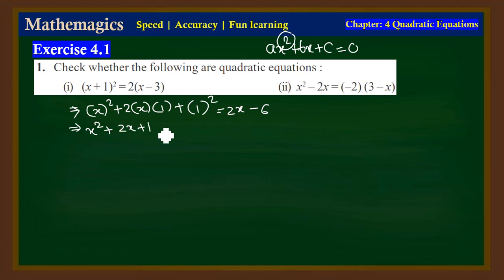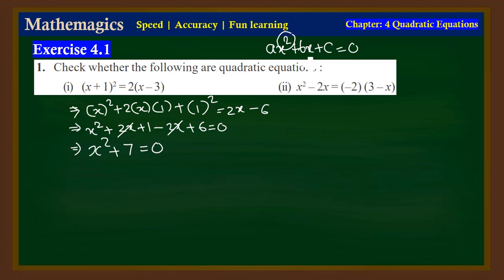This 2x I am taking to this side, so minus 2x, and minus 6 will come to this side and become plus 6, is equal to 0. The plus 2x and minus 2x get cancelled. So here x square plus 1 plus 6 becomes plus 7 is equal to 0.